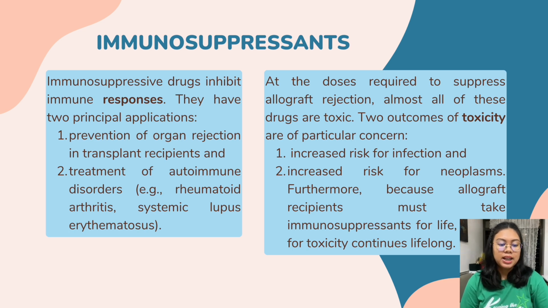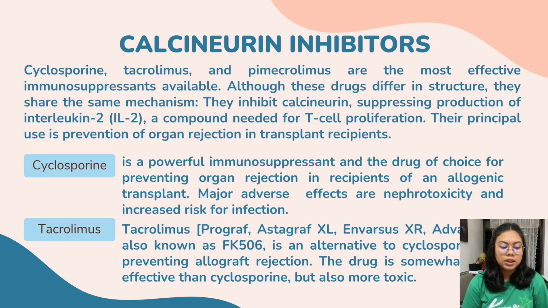For the calcineurin inhibitors, cyclosporine, tacrolimus, and pimecrolimus are the most effective immunosuppressants available. Although these drugs differ in structure, they share the same mechanism.